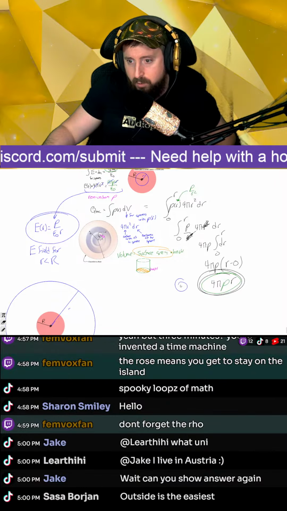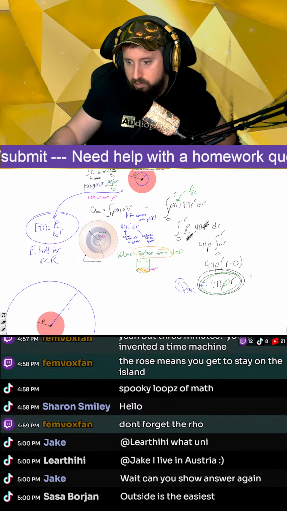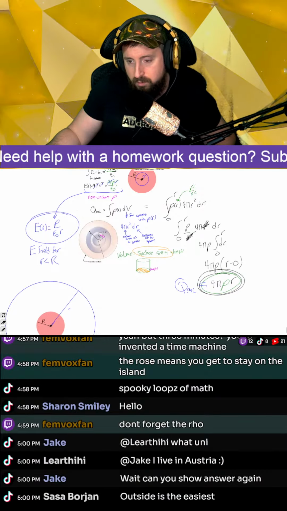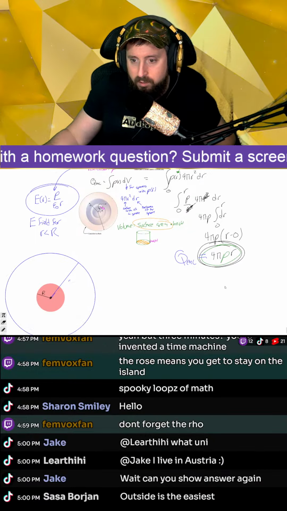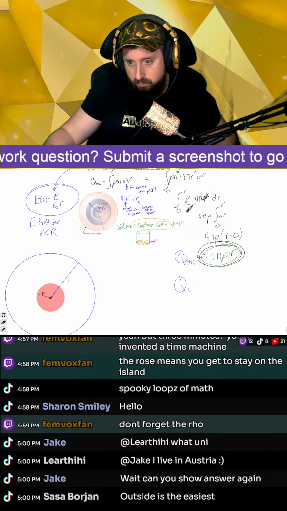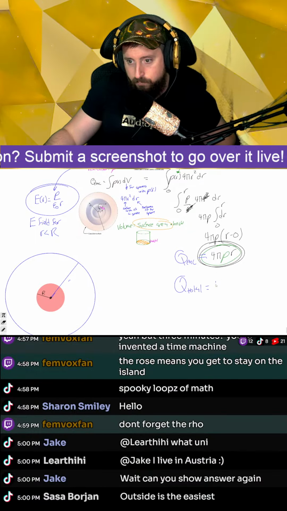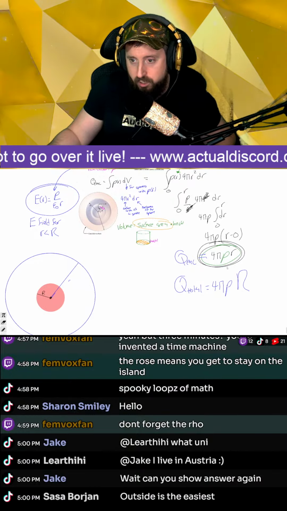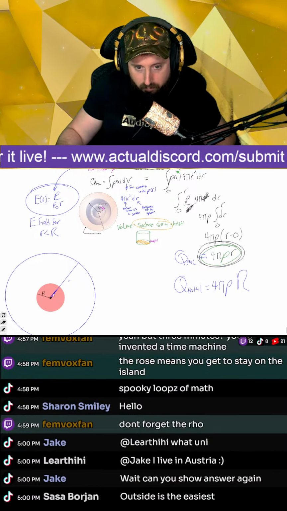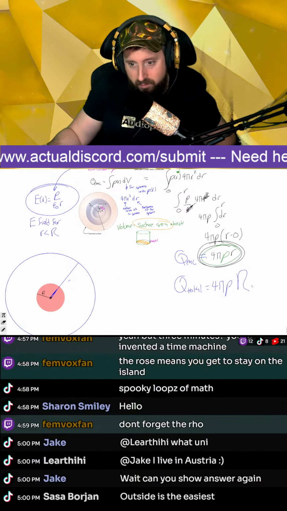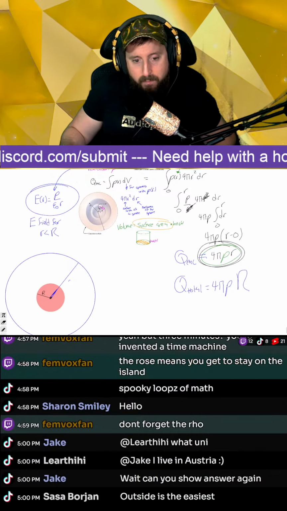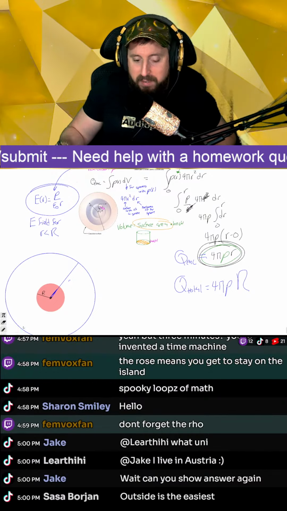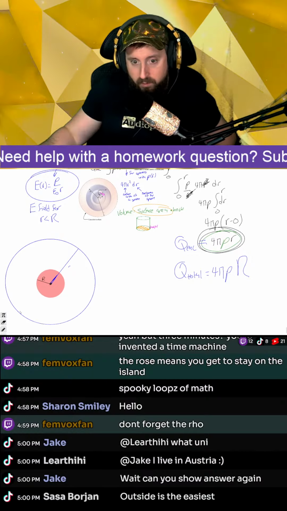Remember that Q enclosed was equal to this, so Q total is just 4 pi rho times big R, because we're figuring out the charge enclosed when the radius is at big R. But my electric field is being measured at r's that are further than big R.